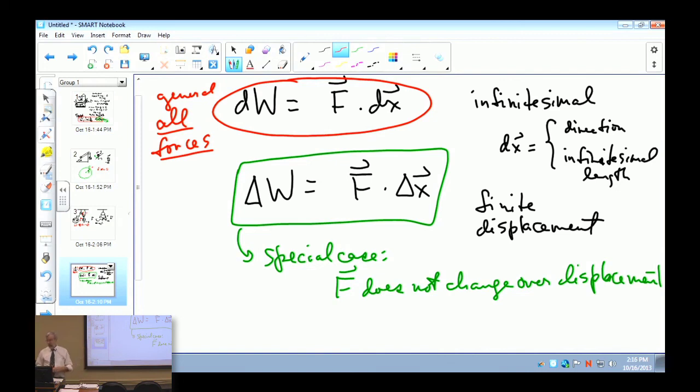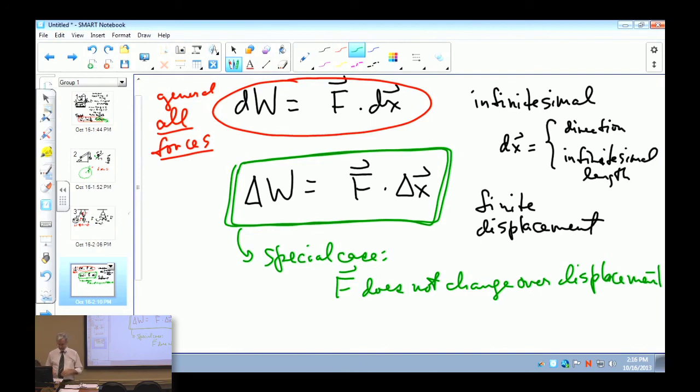Okay, so for the present, realize that this is a special case. This is true only if the force is unchanging over the displacement. If the force changes with displacement, we have to calculate the work another way. This is not going to work. Calculate the work this way.